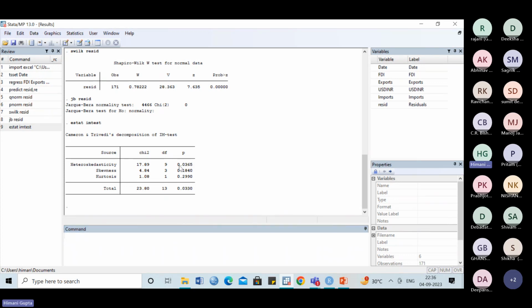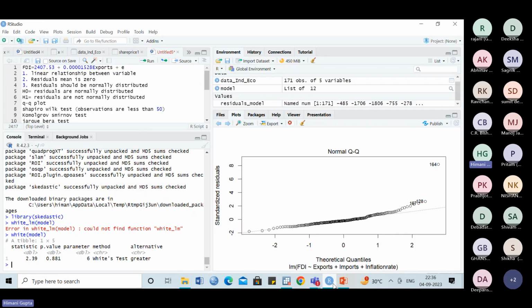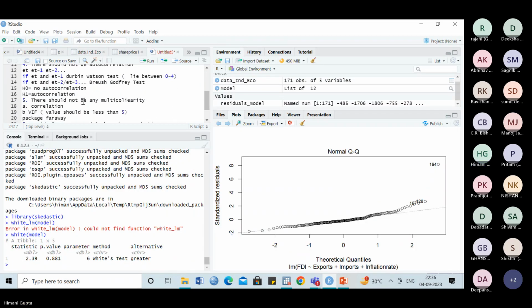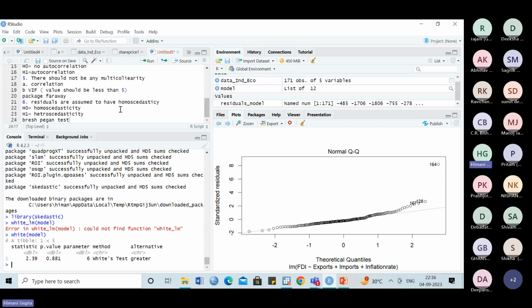Over here the value is below 0.05, so we will go with the alternative hypothesis. Observe that the alternative hypothesis says there is heteroscedasticity, while H0 says there is homoscedasticity, and here the p-value is less than 0.05.